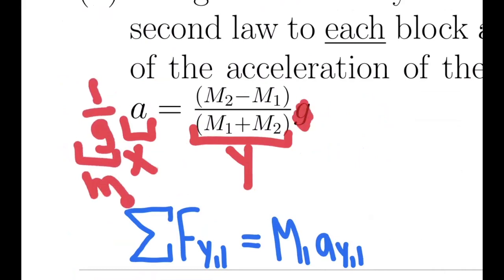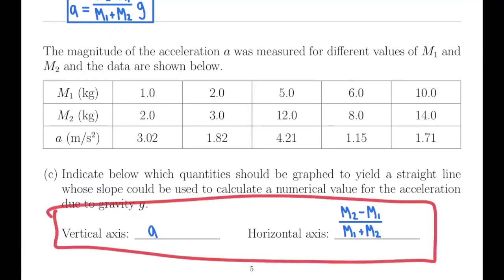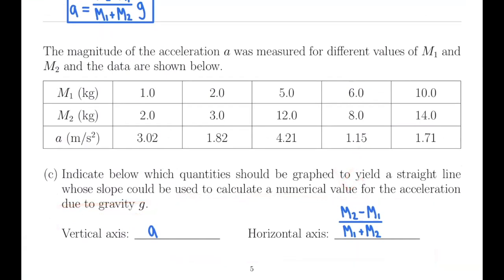This will be our m. Well, you get 1 over g as the slope. Yeah, so that's fine. You'll get the reciprocal of what you want. So that can also be a valid answer too, because it says can be used to calculate g. So you can use 1 over g to find g. But at least in this case, just to give you more correct answers, not fewer, this is the most straightforward way of doing it, but you can also do it switched.